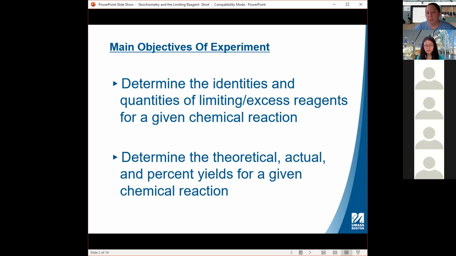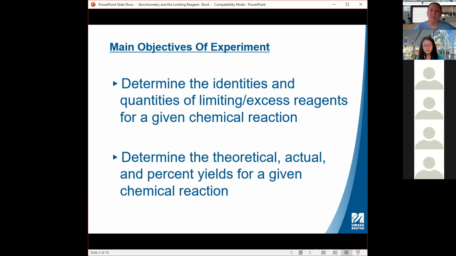In order to do this, we need to determine what the theoretical yield is based on the amounts of reagents that we're starting with. The next thing to do is determine what the actual yield is. The theoretical yield is theoretical. The actual yield is experimental. This means what we actually produced in the reaction.